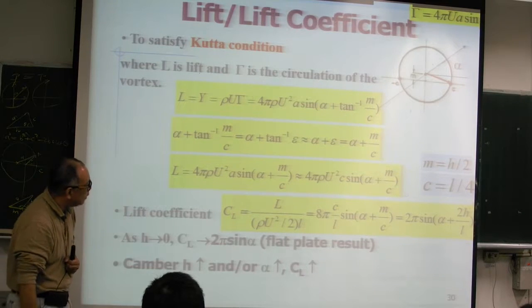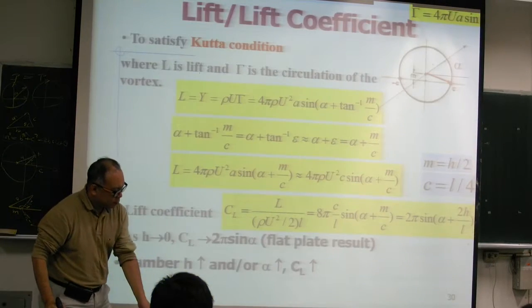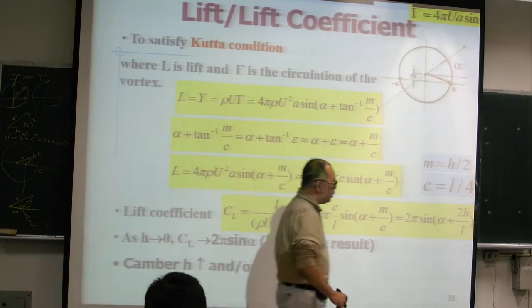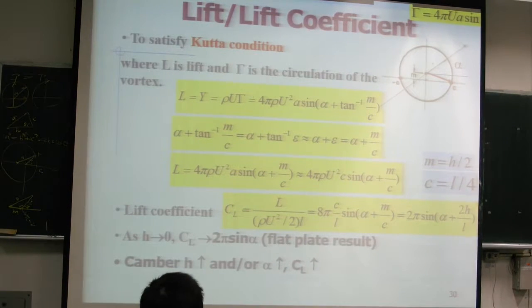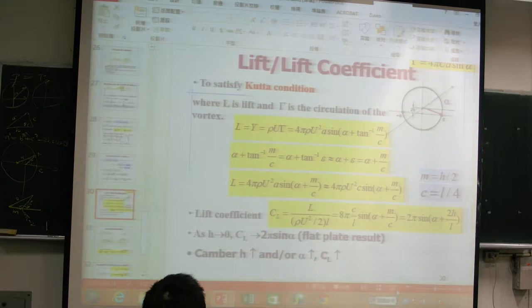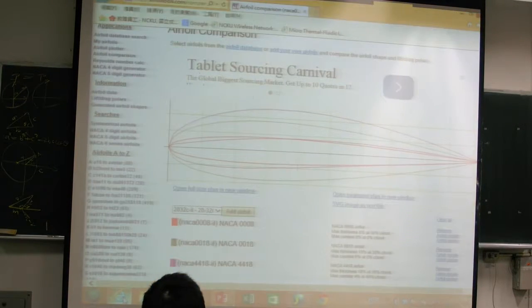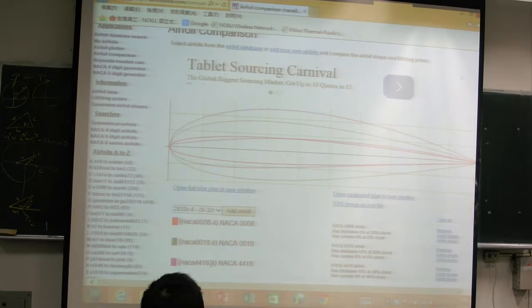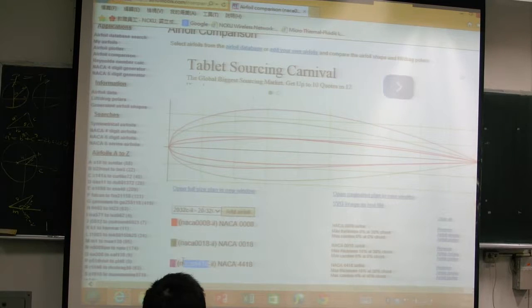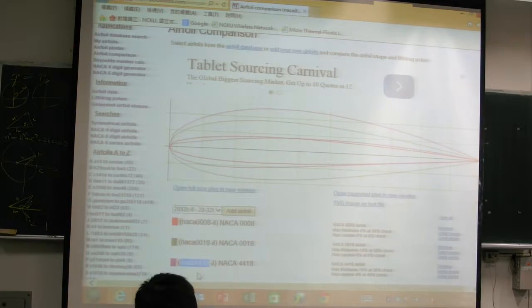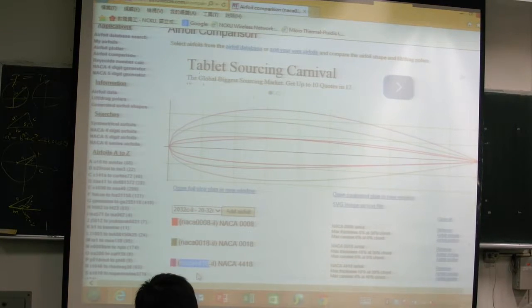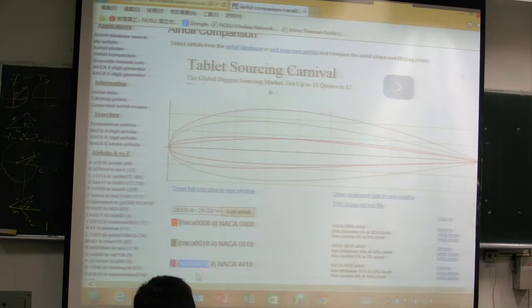You can also use the airfoil tool. I will just show you the tool. You can see this tool. I apply NACA 4418, which is a particular airfoil. In aerodynamics we have all kinds of airfoils, and this is a 4-digit airfoil.